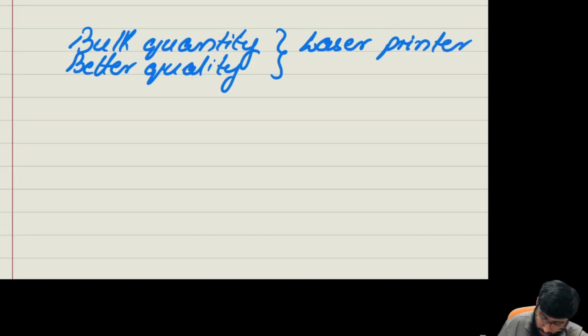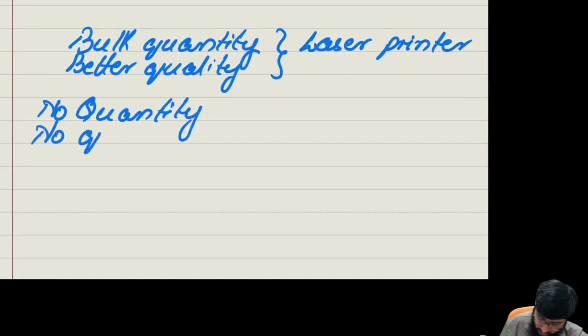But if you do not require quantity, and you can compromise over the quality as well, so you may say no quality, then at this place you will be utilizing an inkjet printer.